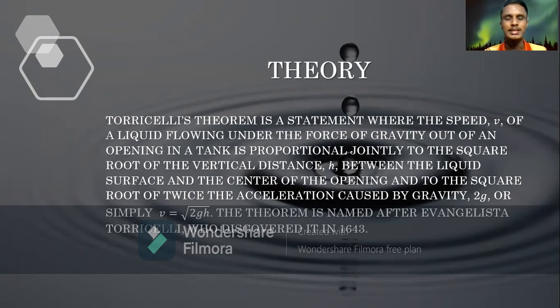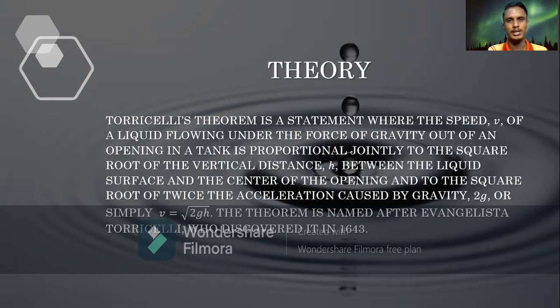Torricelli's theorem is a statement where the speed v of a flowing fluid or liquid under the force of gravity out of an opening in a tank is proportional jointly to the square root of the vertical distance h between the liquid surface and the center of the opening, and the square root of twice the acceleration caused by gravity, that's 2g.